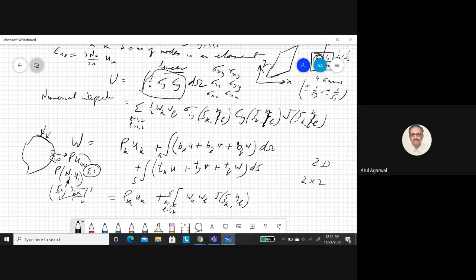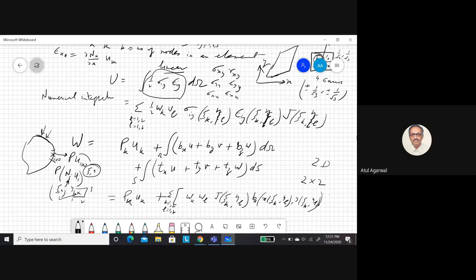Then body force. Body force is distributed. If it depends on the position, you will have to find the body force for x corresponding to xi k, eta L. Then you need all the coordinates xi k, eta L. Suppose you have got only xy coordinates, and you need body force in direction x.